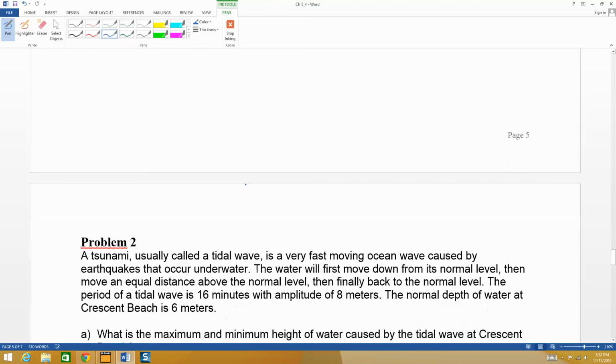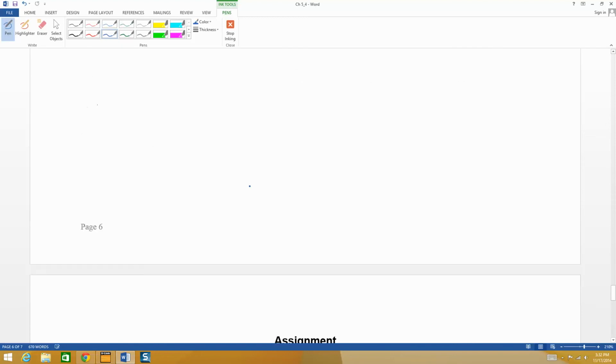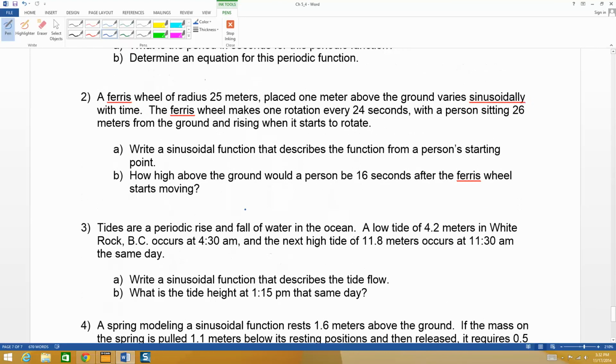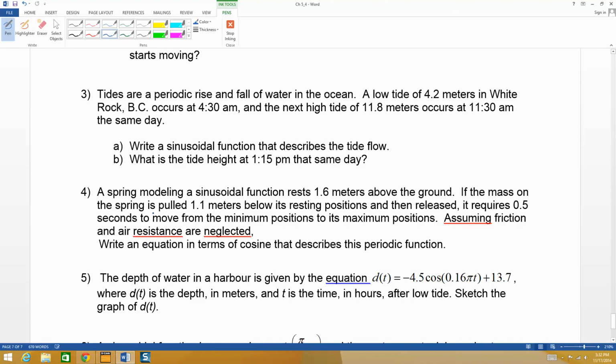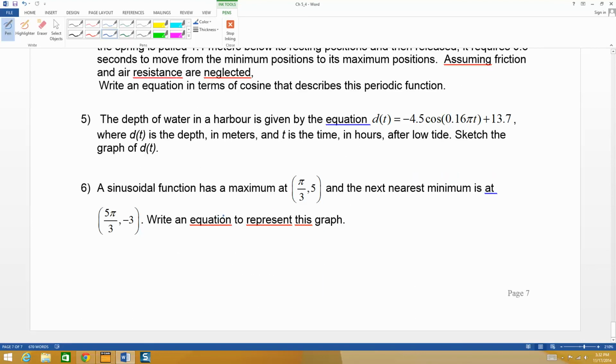It's sinusoidal. And here's another one with the level of water. Then we have this assignment with pedals on a bike, a Ferris wheel, tides, and a classic: a mass on a spring. And another one with water. So you see the variations that we usually get. Okay, thank you very much.